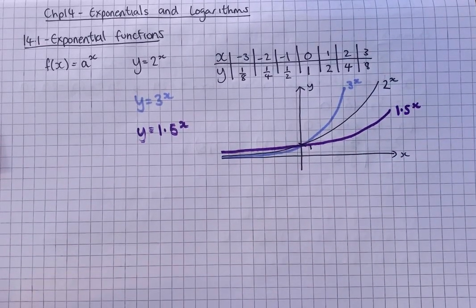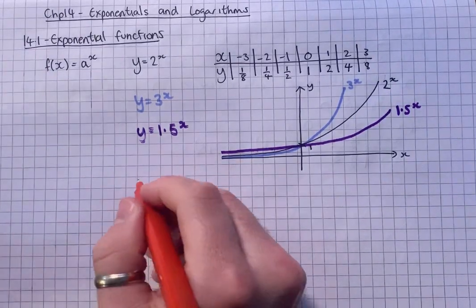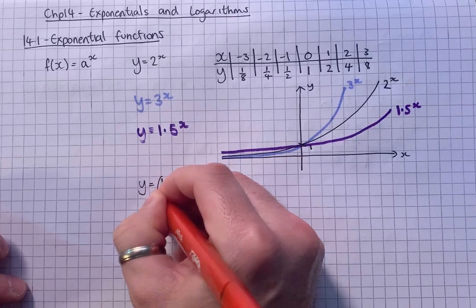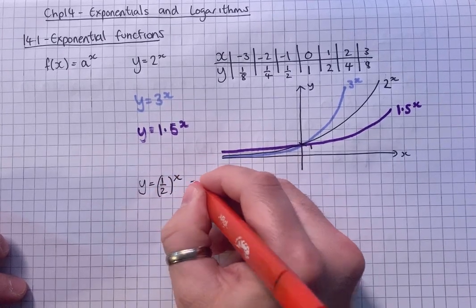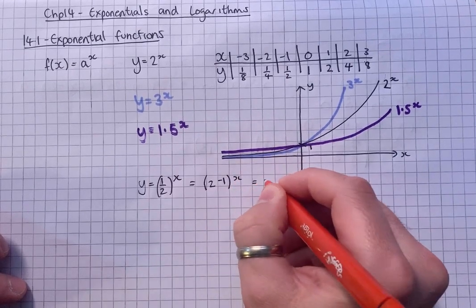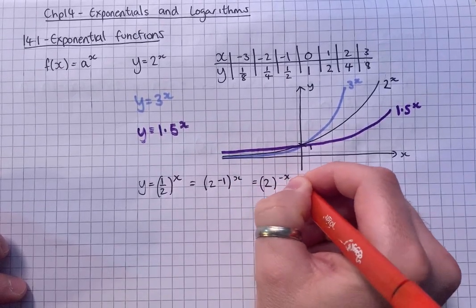What about then y equals, say, a half to the power of x? Well, a half is 2 to the -1, so that's 2 to the minus x.